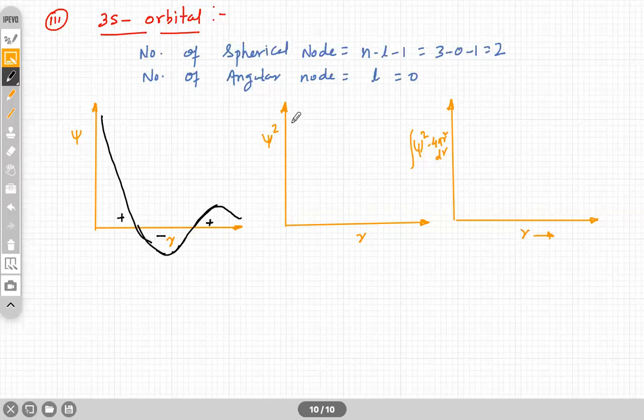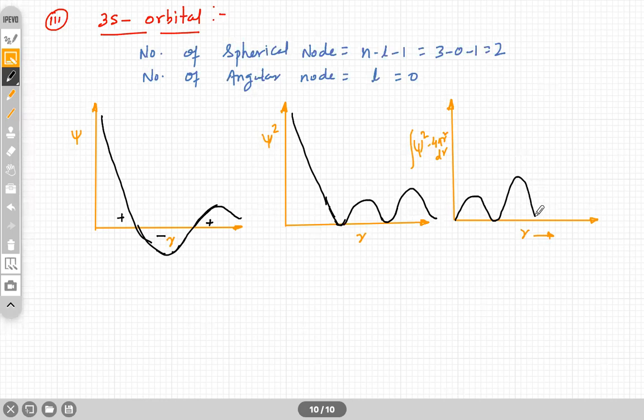Now, the psi square of this will just be the mirror image of this one. Everything will be as it is. It goes up, comes down, goes up, comes down, like this. Further, it won't touch the x-axis. Here also, the probability curve will touch the x-axis twice. So these are the spherical nodes we have.